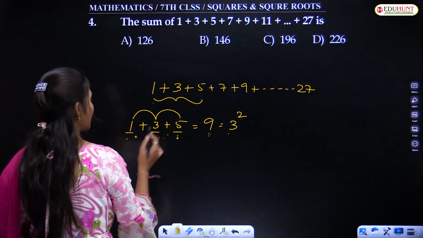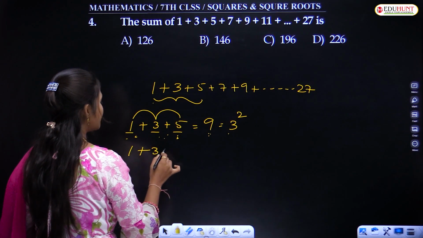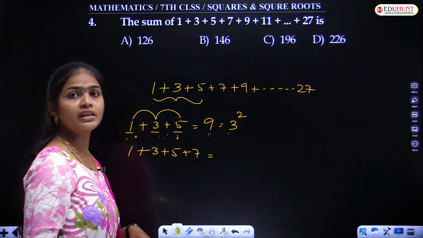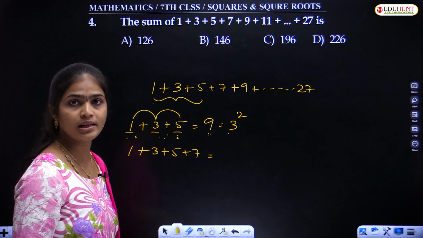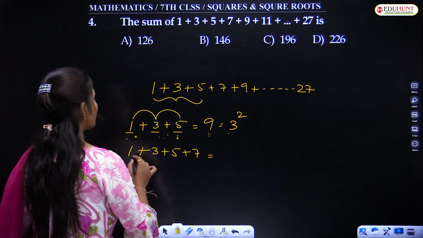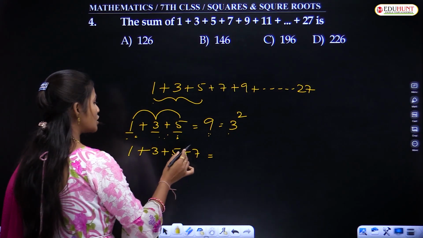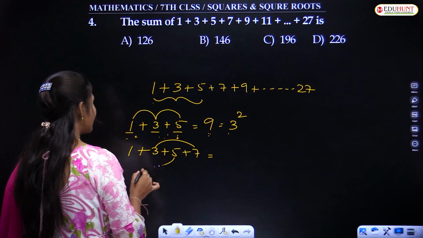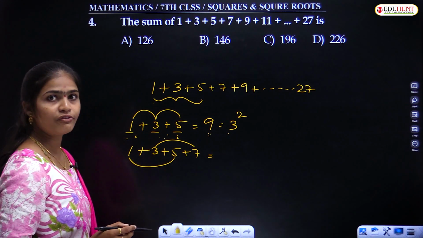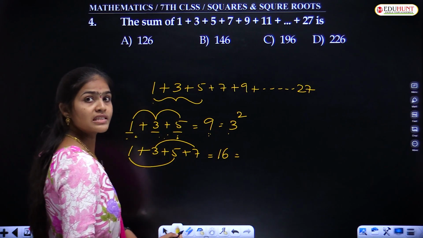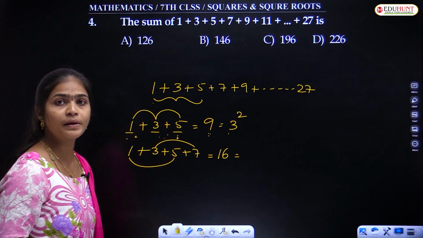Okay, so I am going to take another one: 1 plus 3 plus 5 plus 7. But this formula we have to apply for the first n odd natural numbers only. So 1 plus 3 plus 5 plus 7 equals how much? 7 plus 3 is 10, 10 plus 5 is 15, 15 plus 1 equals 16. So 16, we know that is a perfect square.